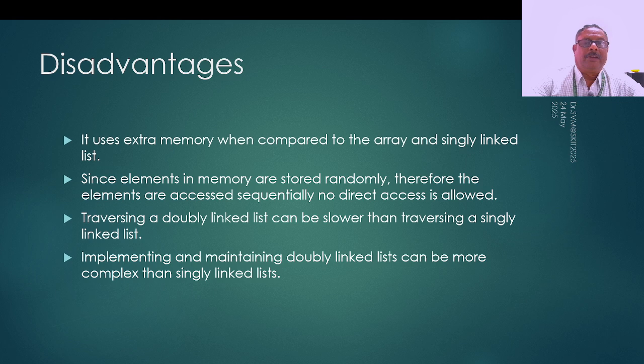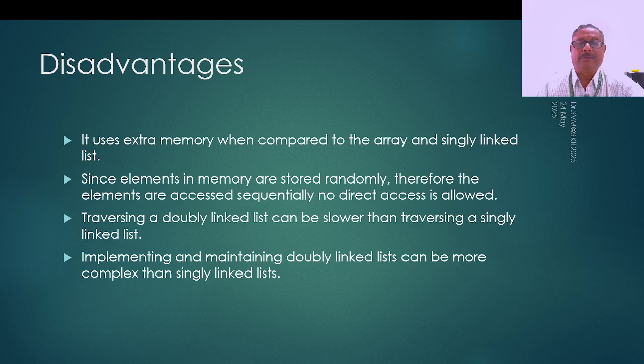Then implementing and maintaining a doubly linked list can be more complex than a singly linked list. Yes, every time a new node is created, we need to make sure that two links are properly aligned. If something goes wrong, if we neglect something, then it's going to create a big problem. So implementing a doubly linked list is definitely more challenging compared to the singly linked list because we need to manage two links.